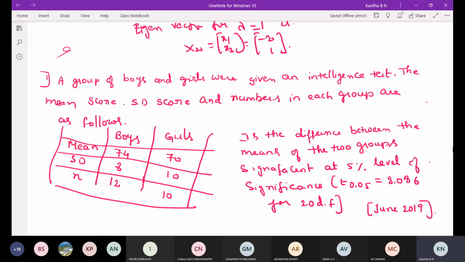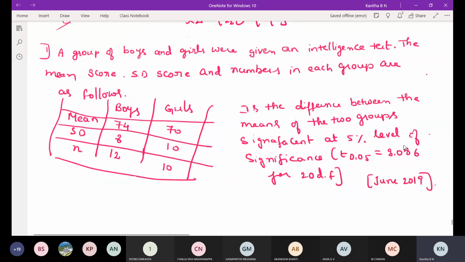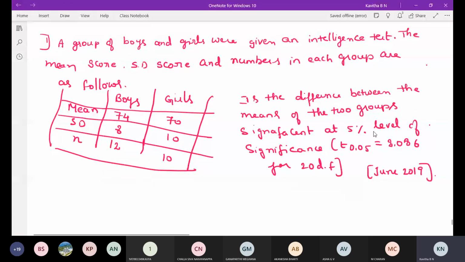Okay, your mean is given, standard deviation is given. Write the solution there. X bar is equal to 74.